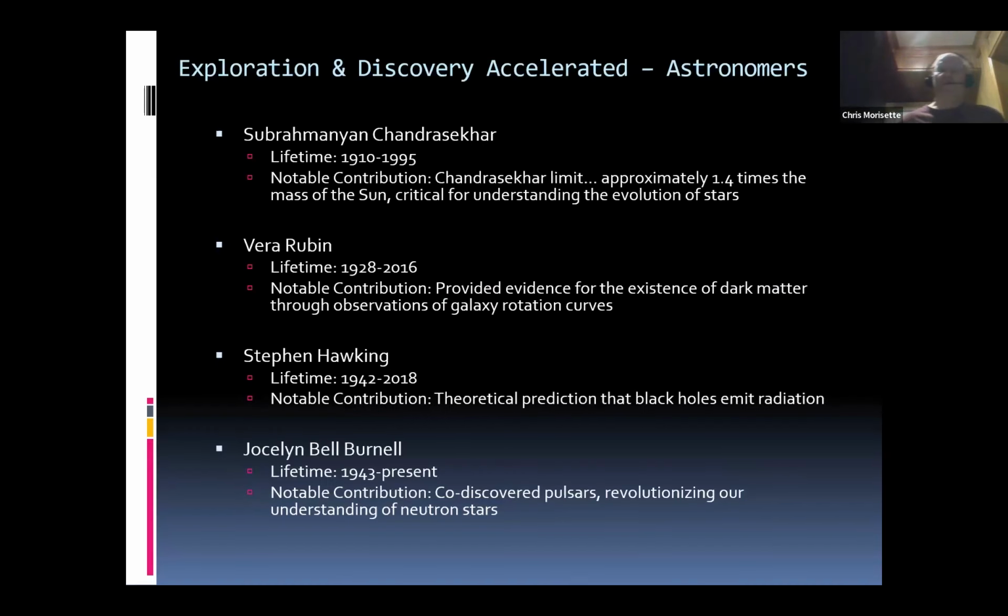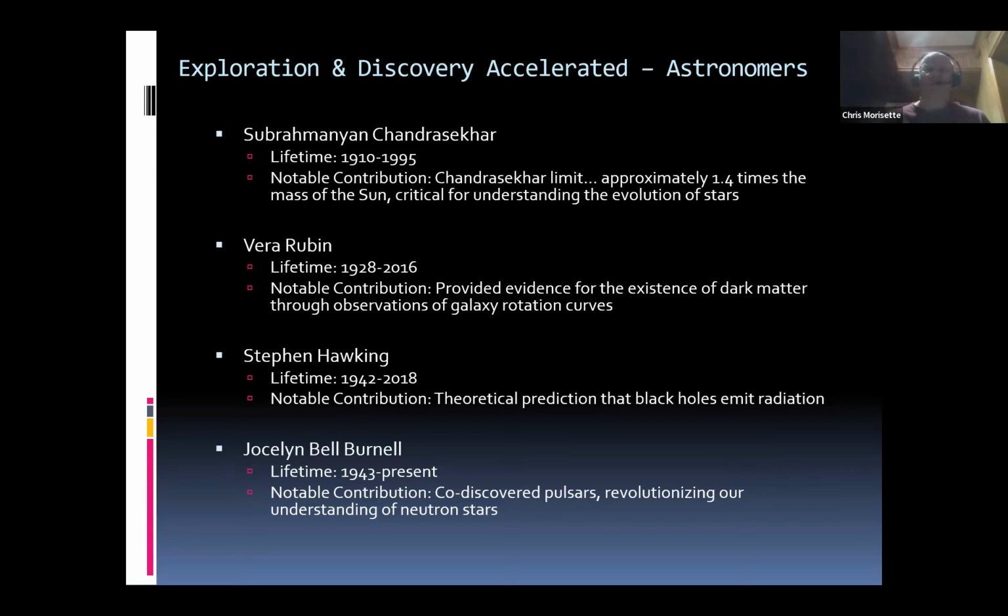There are a number of astronomers out there over the last 100 years. Picking four of these was a real crapshoot, but here are four that caught my eye. Subrahmanyan Chandrasekhar. Say that three times fast.